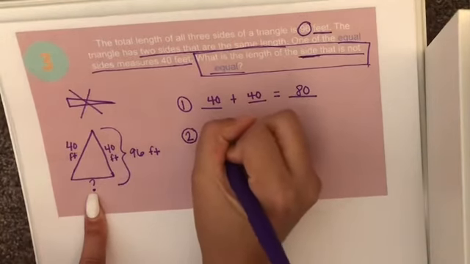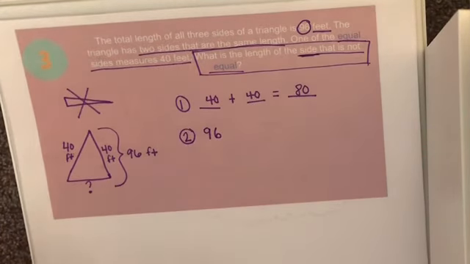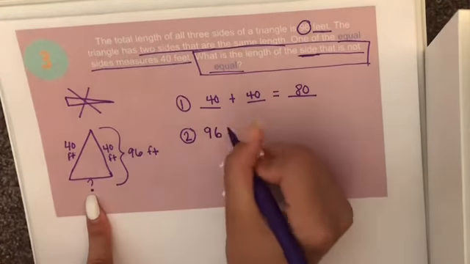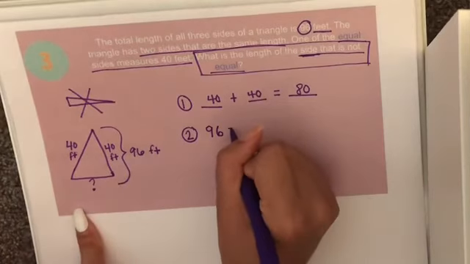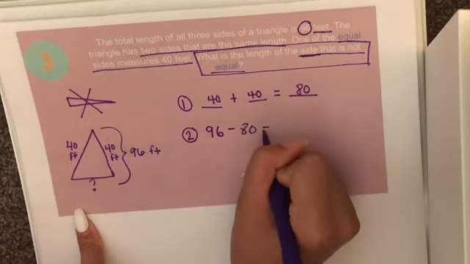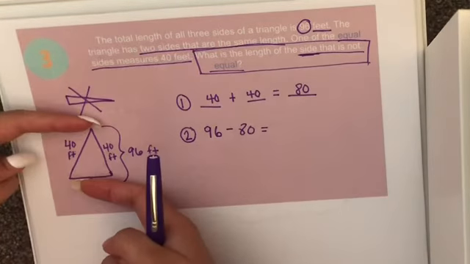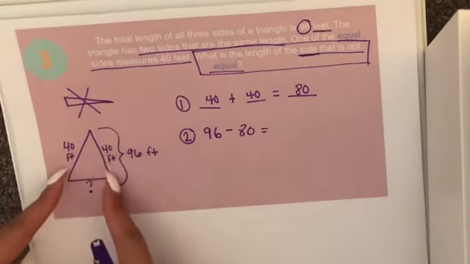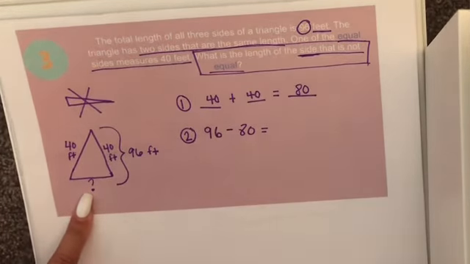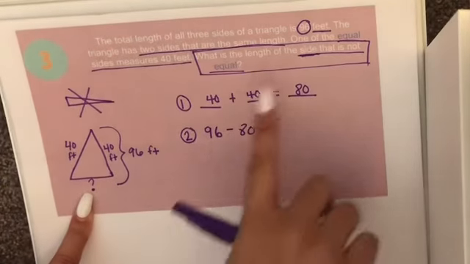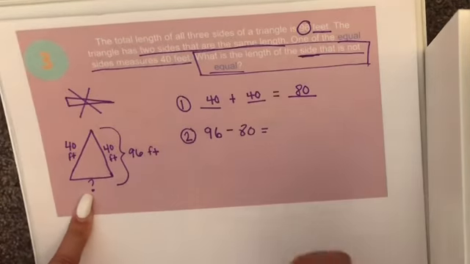So my whole triangle, the length of it, is 96, whereas the length of both equal sides combined is 80. Well, I know how tall the triangle is. I know the equal sides of it. So in order to find this, I'm starting to see that I need to subtract 80 from 96.